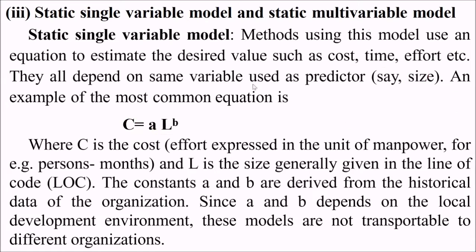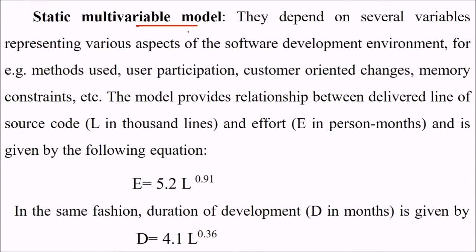While the static multivariate model depends on several variables representing various aspects of the software development environment. For instance, the methods which are used, the user participation, the customer-oriented changes, the memory constraints.